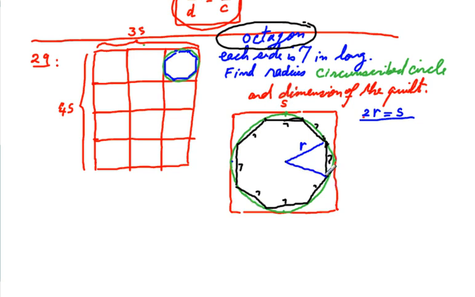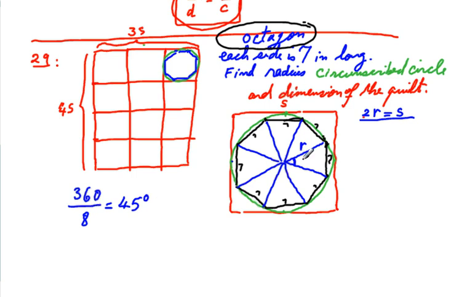Imagine something like a pizza that is divided into 8 slices. What would be the angle at the vertex of each of these? The whole circle is 360. If you divide it into 8 slices, each of them is going to be how many degrees? 45 degrees. So that is a major discovery here, that we are dealing with this 45 degrees.